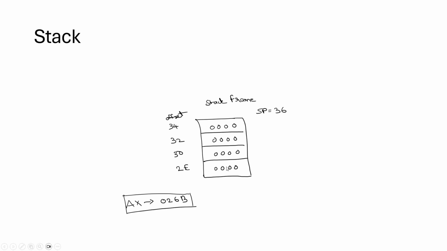This is just for a basic understanding. These are the offset values for the different positions in the stack, and the stack pointer is currently pointing at 36. And the AX register currently holds the value 026B.